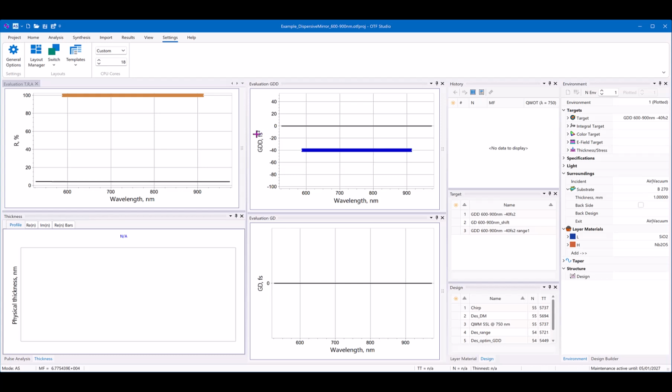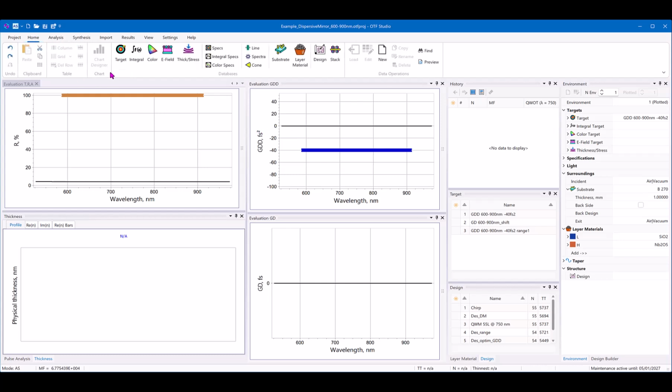Here I have everything prepared for dispersive mirror designing: evaluation reflectance plot, evaluation group delay dispersion plot, evaluation group delay, thickness profile is prepared but empty. Then history panel and databases, target database, design database, and layer materials database. All necessary elements are already loaded to the environment panel.